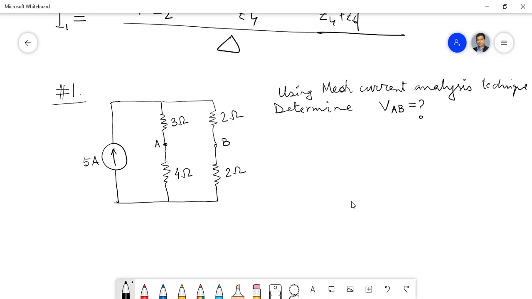Anyone? I'm asking, we have an independent current source. Whether this current source can be converted to an equivalent voltage source, as I discussed in the very first class, what is the condition for that?